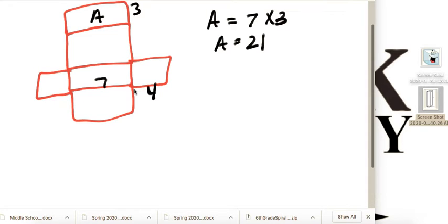And if he's 21, then basically they're all 21, I believe. Let me see if I did this right. Yes, so then we would have 21 times 4, which would give me this one, this one, this one, and this one.